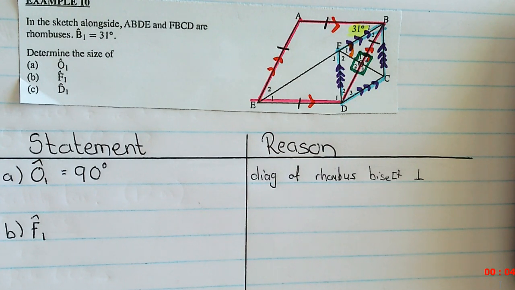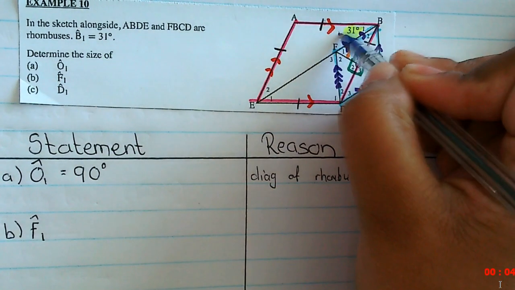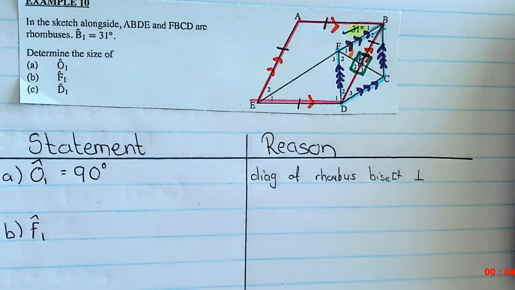When you get stuff like this, I want you to always revert back to what you have and what you found so far. So they gave you this 31, you found that 90. So the conclusion is that this 31 and this 90 are the only two things that can get you to the answer.